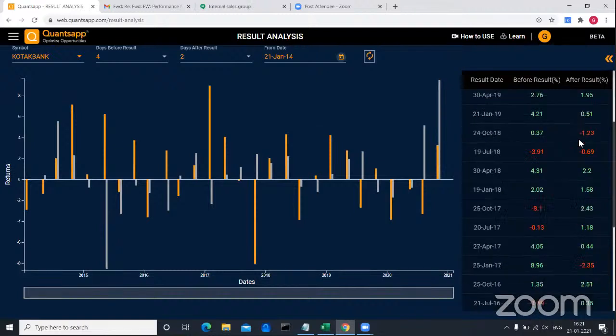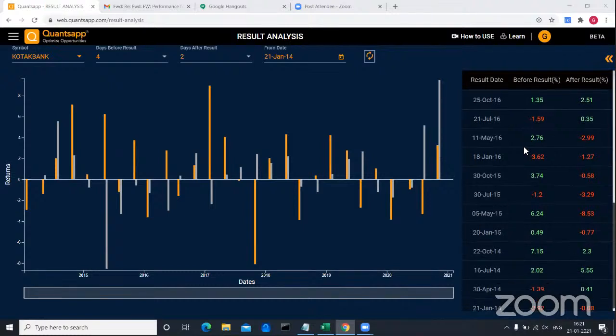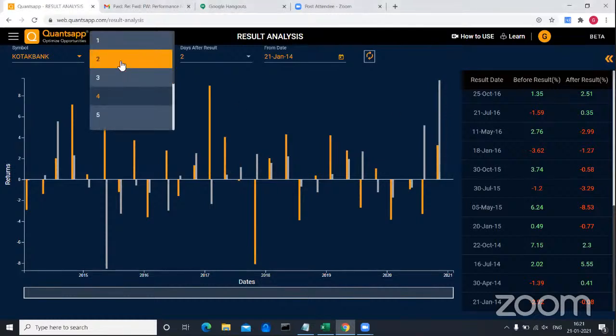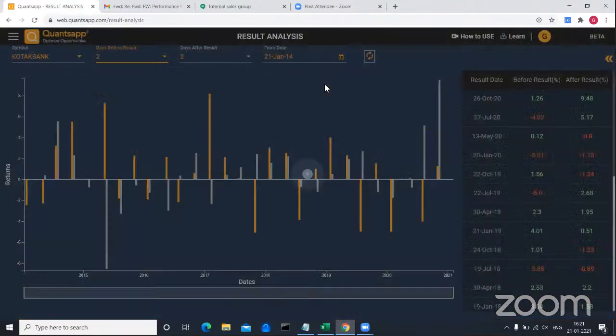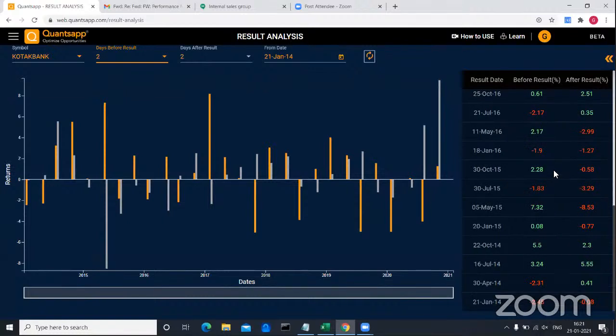So now I can see the result performance of any stock. Now here you can see how the previous performance was, what the quantum of movement was on those particular days. So if I take 2 days before, I can see how much it moved 2 days before the result.